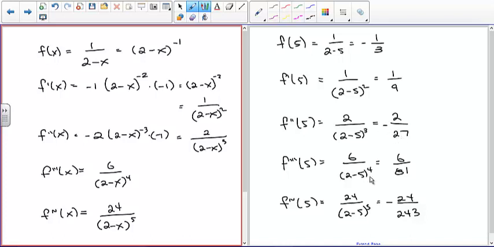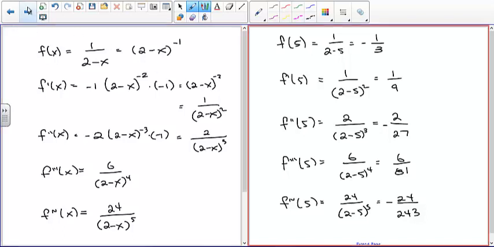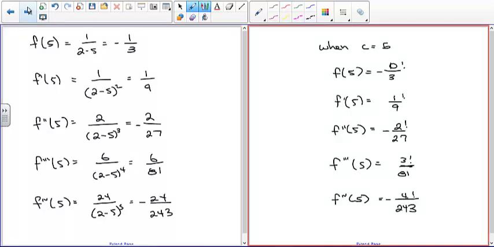Here I'll get -3 to the 4th, which is +81. So I get 6 over 81. And then the fourth derivative is 24 over -3 to the 5th power, which is -243. So those are the values of the function and its derivatives at the value that we're centering this series around. So then you plug it in.